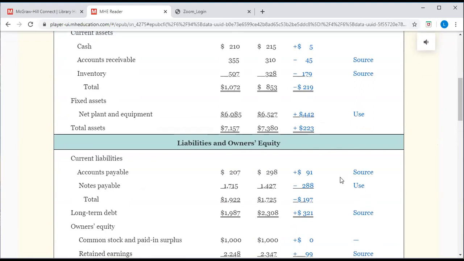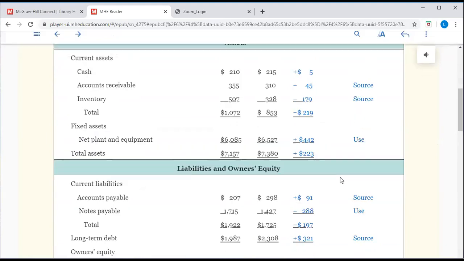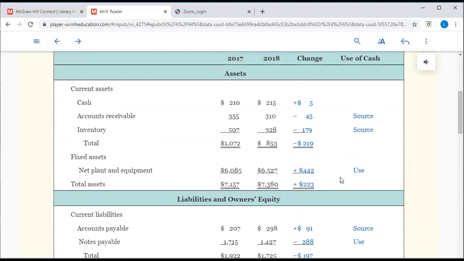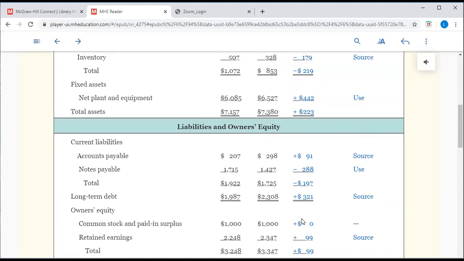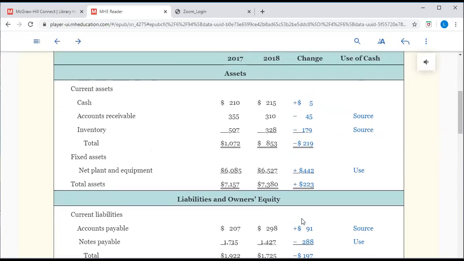We could take the 210 in cash plus 355, ignoring inventory. So the very liquid assets are 565, divided by 1922 in current liabilities. I'm getting 0.29. So they have 29 cents in liquid assets to pay off current liabilities in 2017.